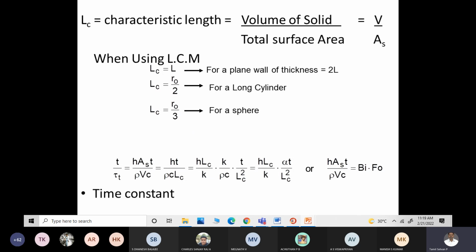The Fourier number, or thermal diffusivity, gives us an idea about the degree of heating or cooling, and how fast the heat penetrates inside the body, or how fast it gets chilled when exposed to very cold or very hot conditions, right?